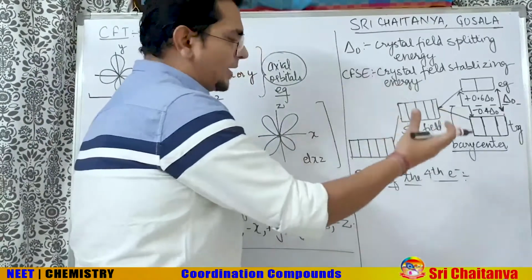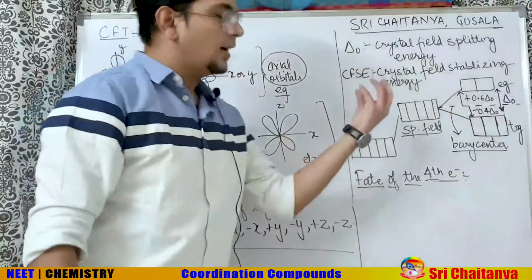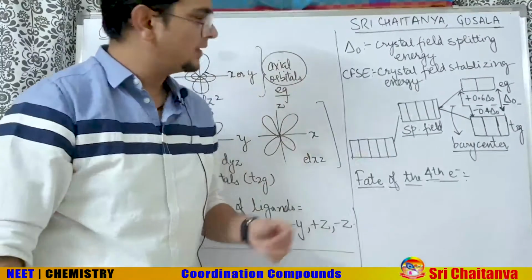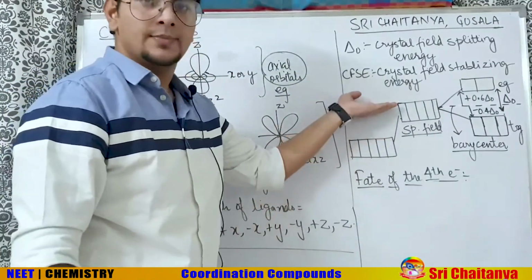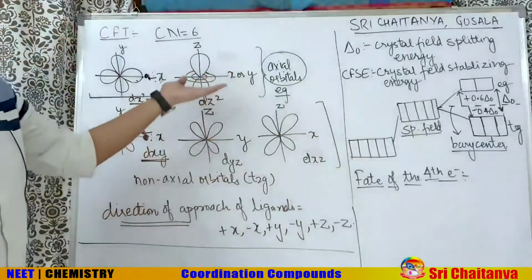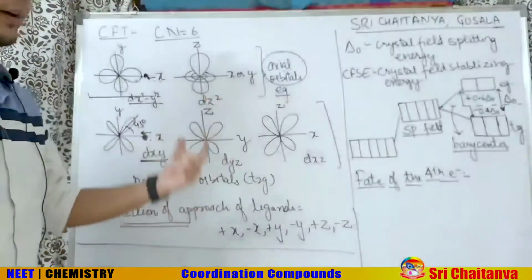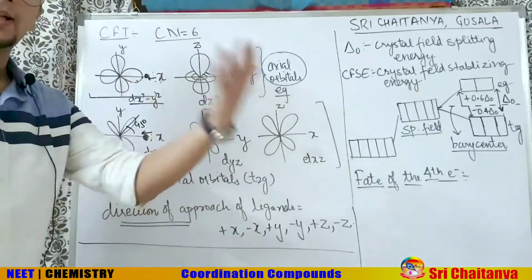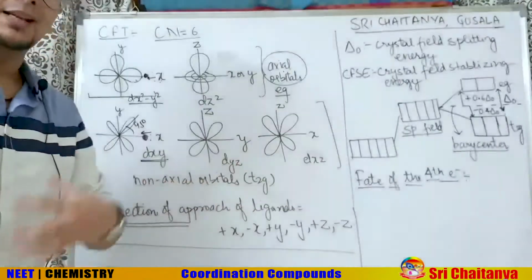So when the ligands are coming closer, but they are still sufficiently far away, the central atom experiences a spherical field, a symmetrical kind of field. So d orbitals are feeling repelled, but equally, so their energy increases. And when the ligands come very close, then the scenario which I just explained will happen: dx square minus y square and dz square, because they are lying on the axis, will be repelled more because the ligands are coming on the axis only, and dxy, dyz, dxz will be repelled less.